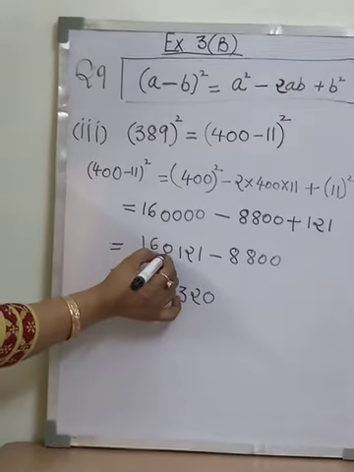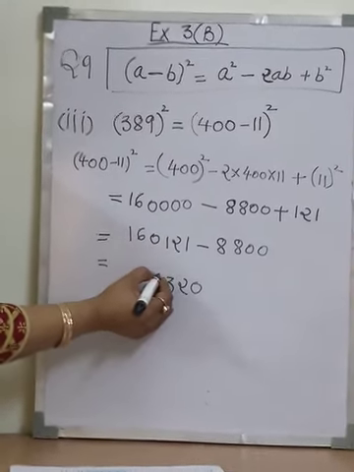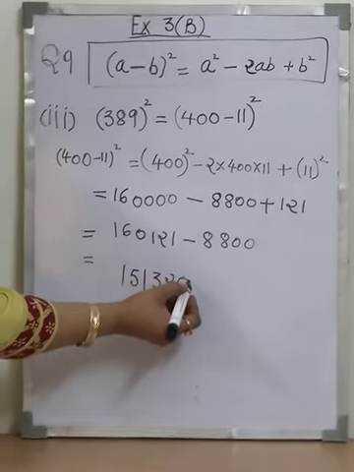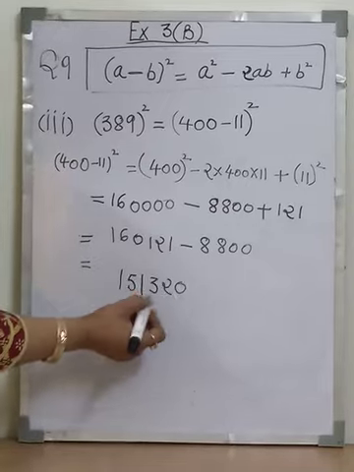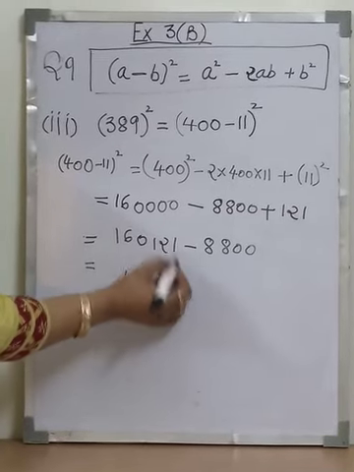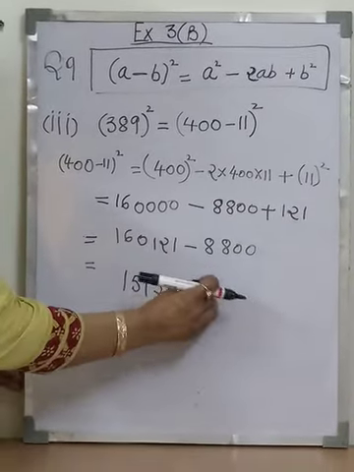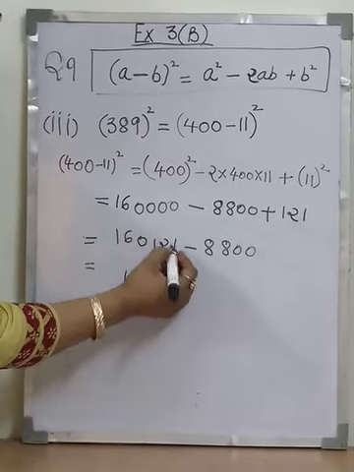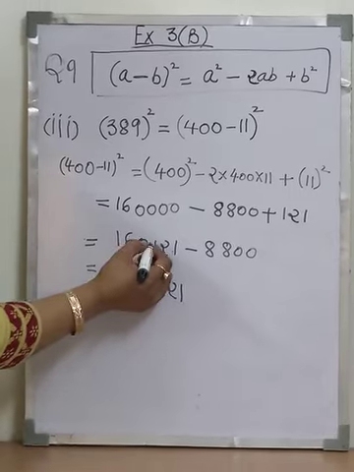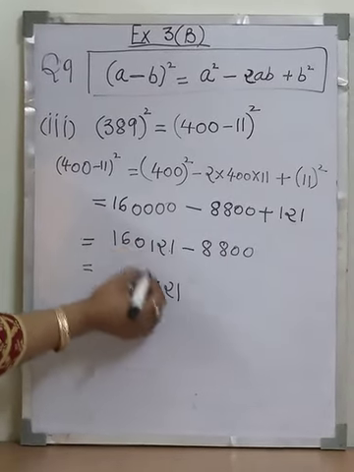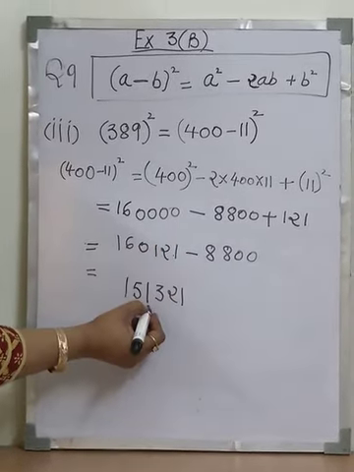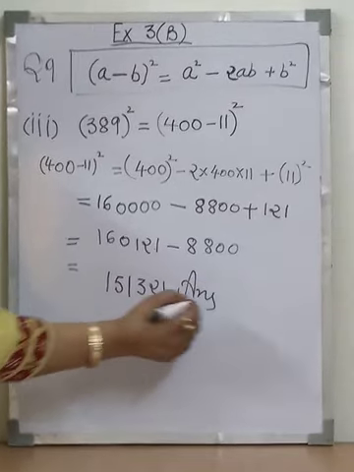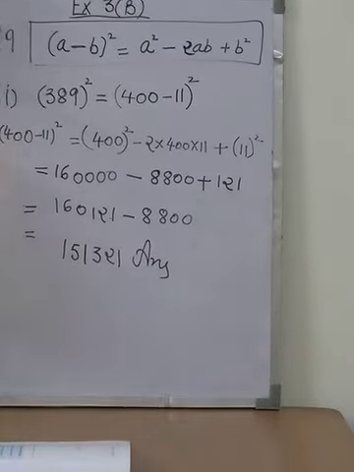Now what are we left with? 9. 9 minus 8 is 1. Student, by mistake I wrote 0 in place of 1. It is 1. 1 minus 0 is 1. 2 minus 0 is 2. And then 11 minus 8 is 3. Here 9 left. 9 minus 8 is 1. So this is the answer for the 9th third part.